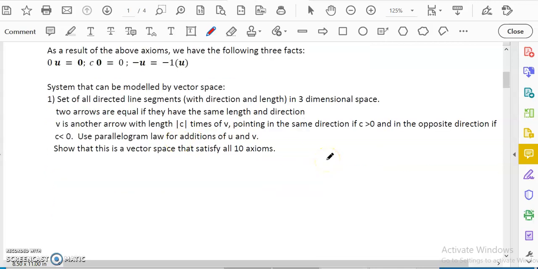So let's talk about, of course, the vectors that we talked about, where the entities are line segments in three-dimensional space. They are still vectors. Well, actually they form a vector space. The way we define those vectors is as arrows, right? They have arrows with length and direction.